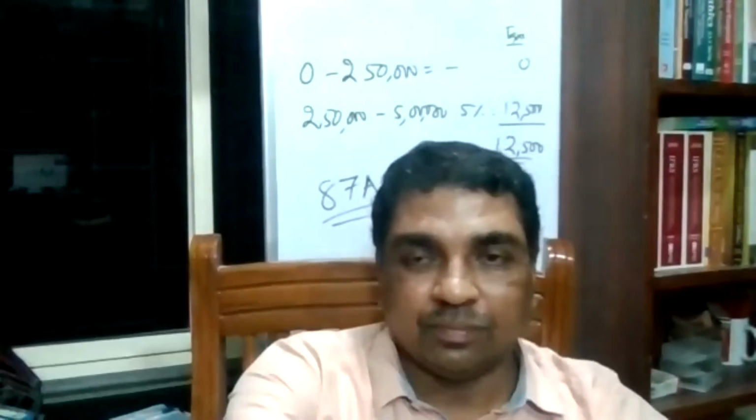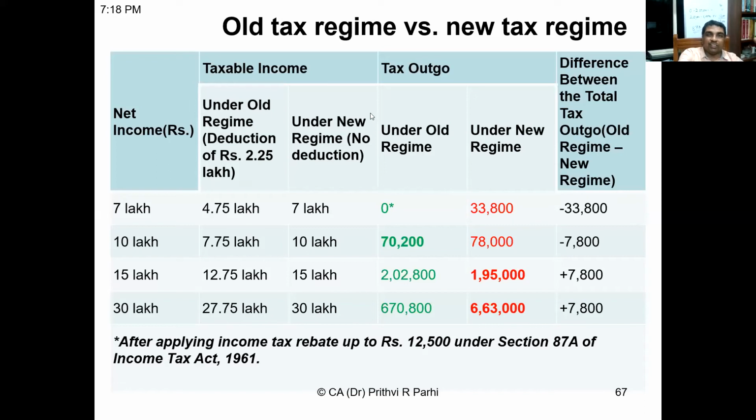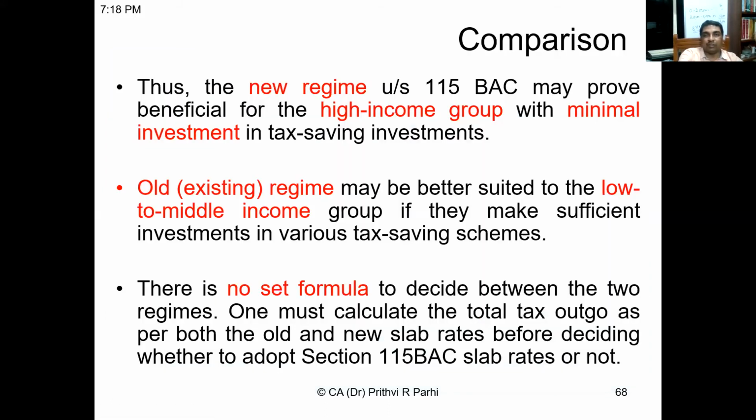Understood? So here is a comparison on the basis of certain assumptions, up to which income the new scheme is better and up to what income the old scheme is better. But instead of just seeing it or remembering it, I think you've understood the concept. You yourself can try and find out which scheme is better for you.